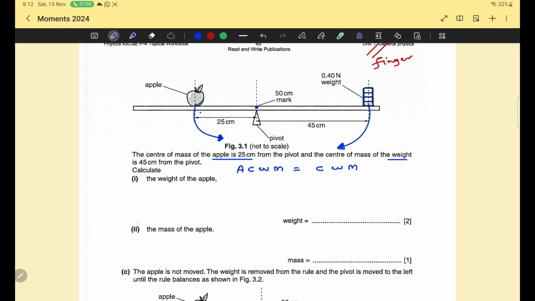Anti-clockwise movement is produced by weight of apple, and this weight of apple is 25 centimeter away from the pivot. On the right hand side, sir, this is a weight and this weight is 0.4 Newton and this is 45 centimeter from the pivot. And if you have to calculate weight, then weight is equal to 0.4 into 45 divided by 25.